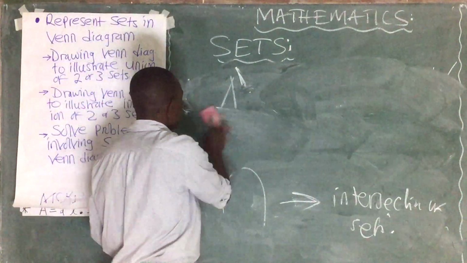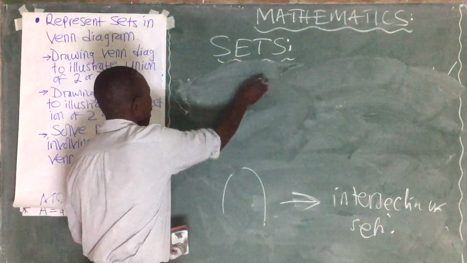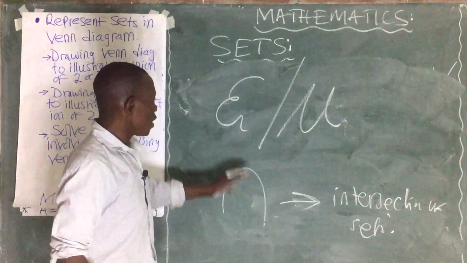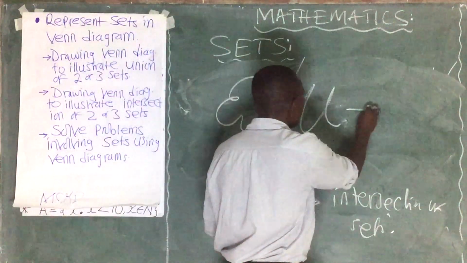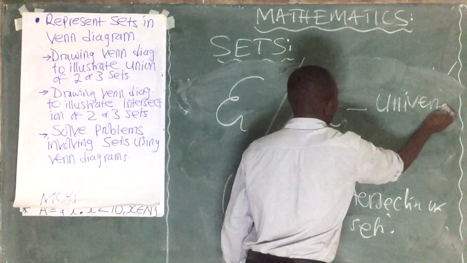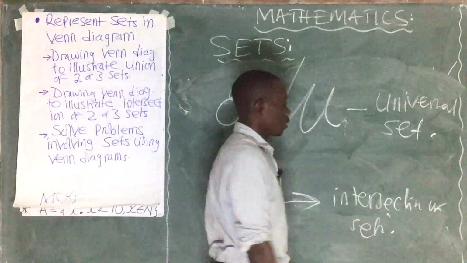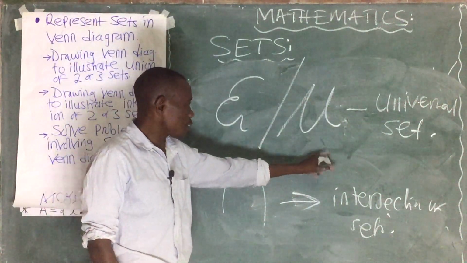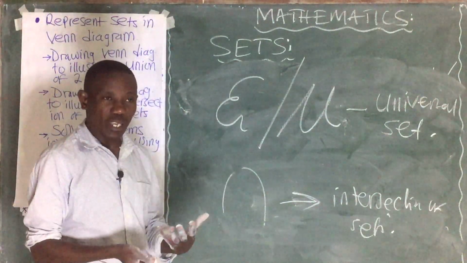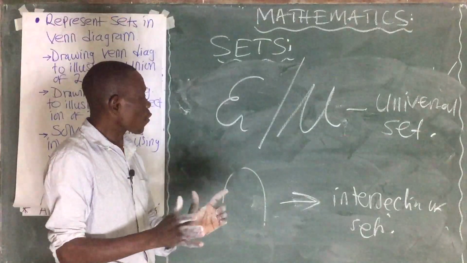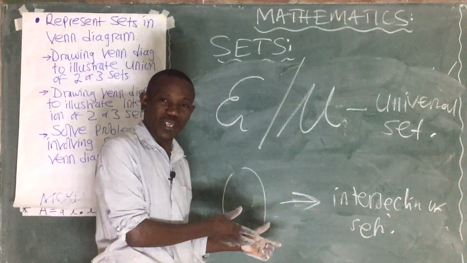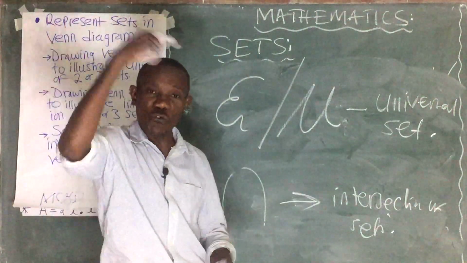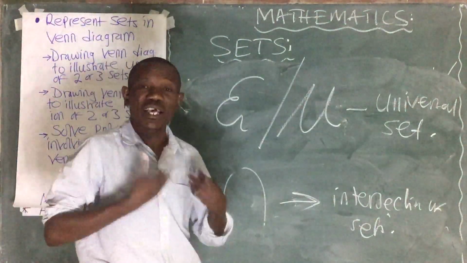Going further, you will also be exposed to symbols such as this one here or this. In our discussion, this one simply means the universal set, which can be represented by either of the two symbols. You can write this one or you can write that one. If you talk of the universal set, it's more like a man: there's a certain set that also contains other sets, or a set out of which we can compose other sets.